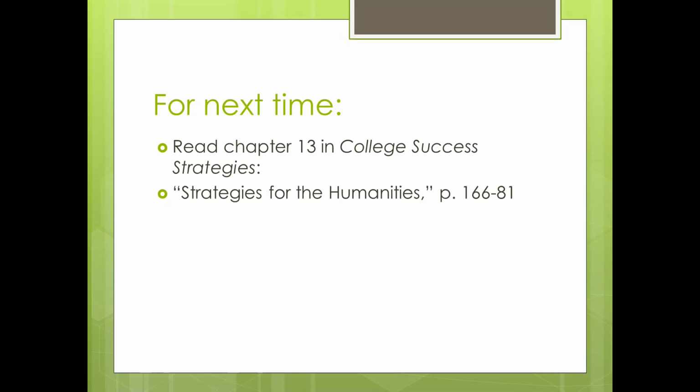It's only about 7 pages, 195 to 202. So things are wrapping up relatively quickly.